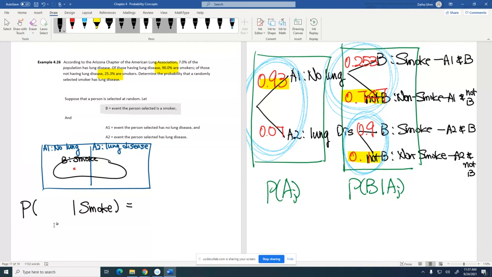So I want to know the chance that I have the lung disease, A2. It's actually the probability A2 given B. I told you always A2 given B. We have to apply the Bayes rule. Now let me apply the Bayes rule.